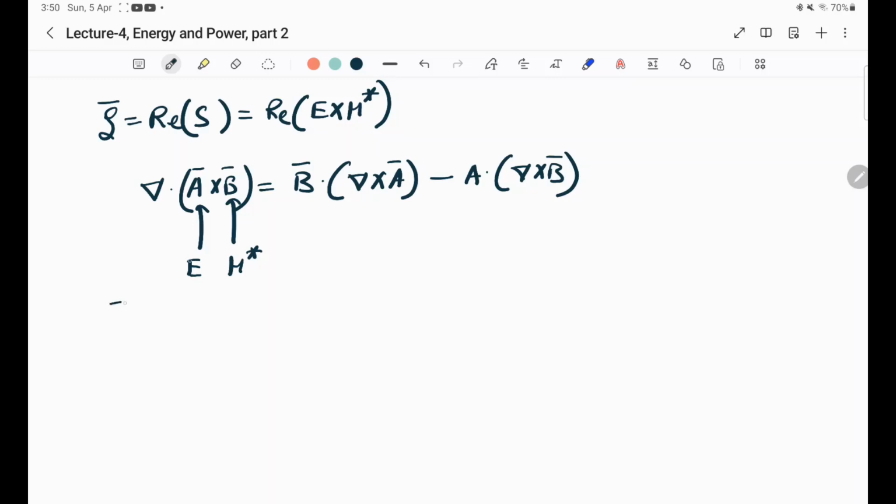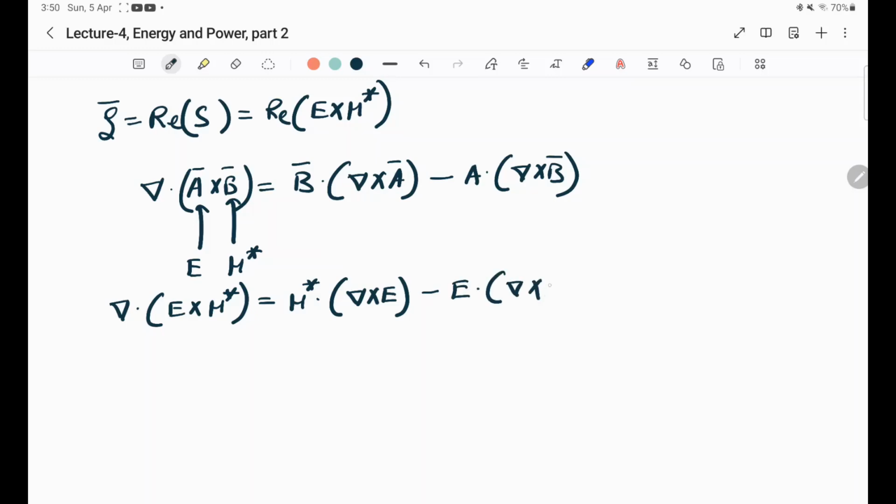Therefore we will get del dot E cross H conjugate is equal to H conjugate dot del cross E minus E dot del cross H conjugate. Let's call this equation number 1.